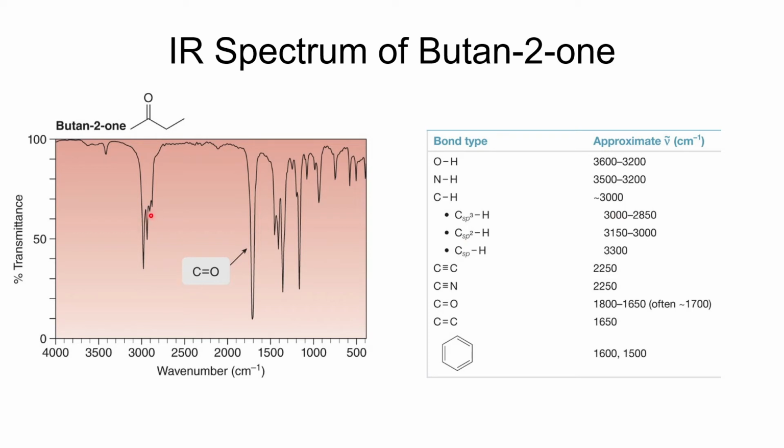Very characteristic. We don't have any that's going over into that 3,150 to 3,000 range. So no sp2 here. And then this is either an impurity or some sort of artifact. It could be an overtone. I'm not sure. All right, so carbonyl and carbon hydrogen.